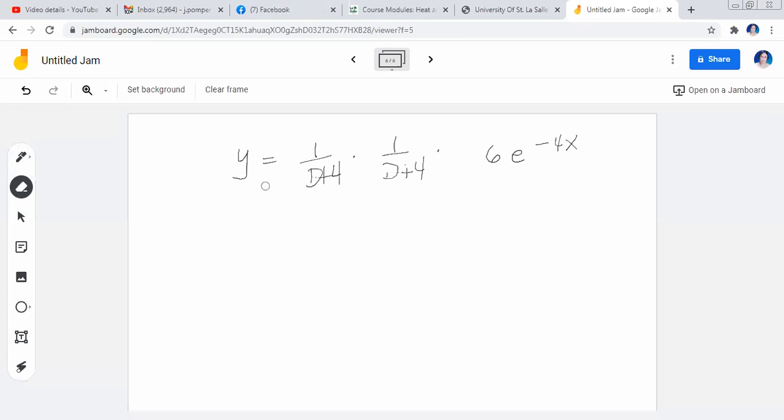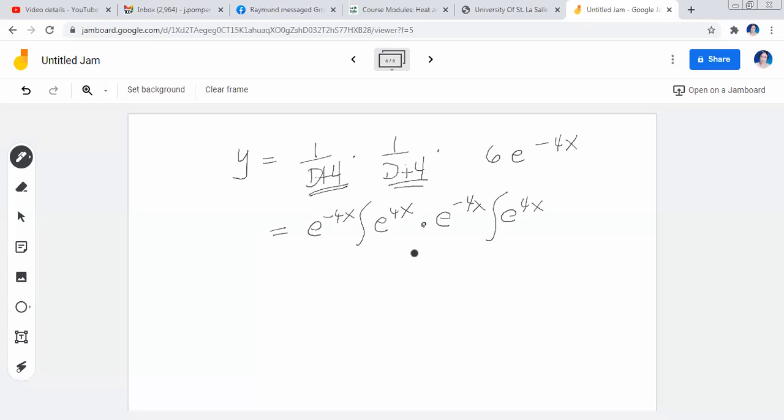So just like my previous example, since this is plus, you will have here e raised to minus 4x integral of e raised to 4x. That takes care of that. The other one is multiplied to another e raised to minus 4x integral of e raised to 4x, primarily because that's positive. So this 2 takes care of this, just like in the first example.